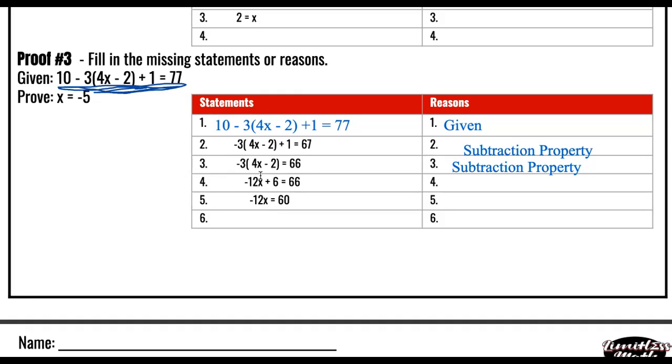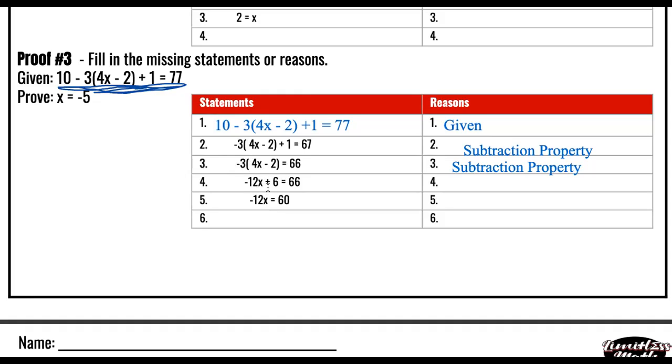So anytime I have parentheses, that kind of makes my radar go off and think, oh, that's probably going to be distributive properties. Not always the case, but parentheses do give me a signal that distributive property is at least possible. Anytime I have parentheses and they go away, which is what happened from 3 to 4.